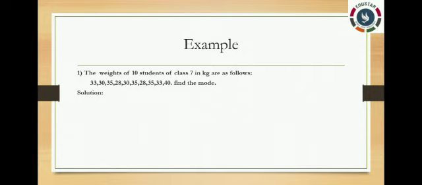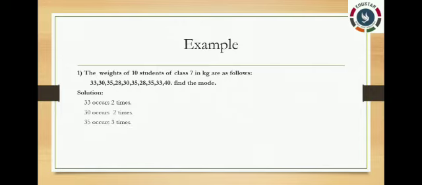We have to count how many times a number occurs. Start with 33. How many times does 33 occur? Yeah, 33 occurs 2 times. Then 30 occurs 2 times. Then next data 35. 35 occurs 3 times.